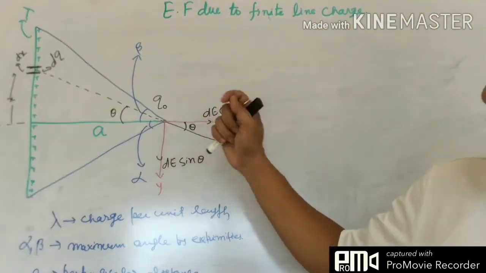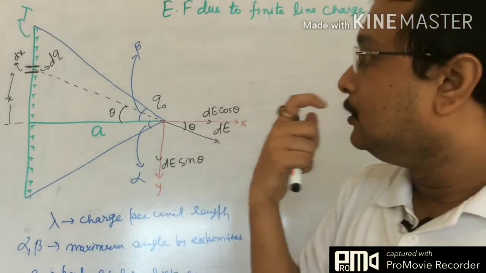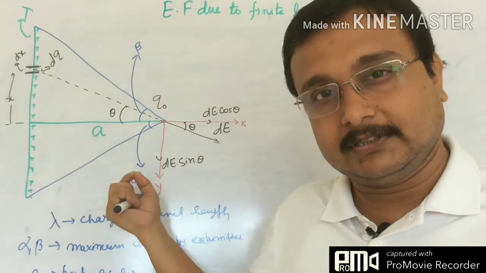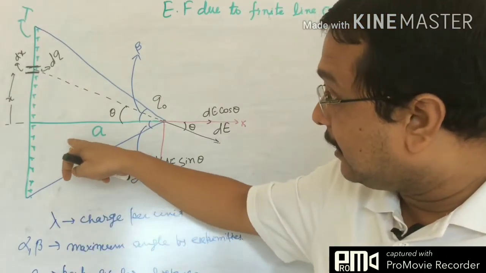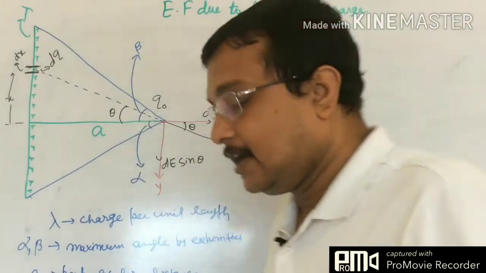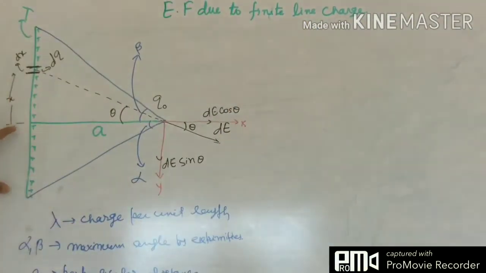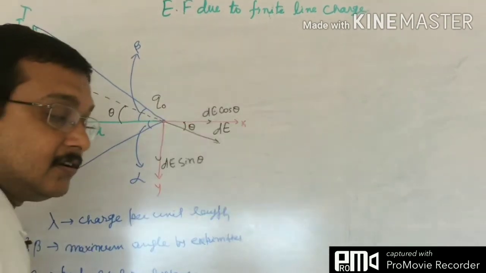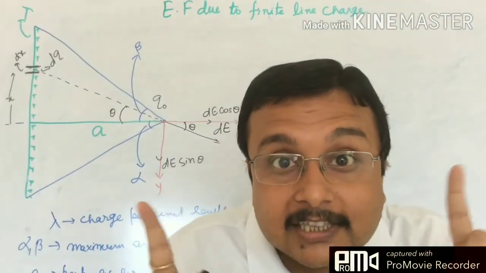At any arbitrary point we have to find it. The perpendicular bisector is a special case of it. Here we have to find the value of electric field at any arbitrary point, and in this way this particular distance is not equal to this particular distance. So all these y components will not get cancelled.